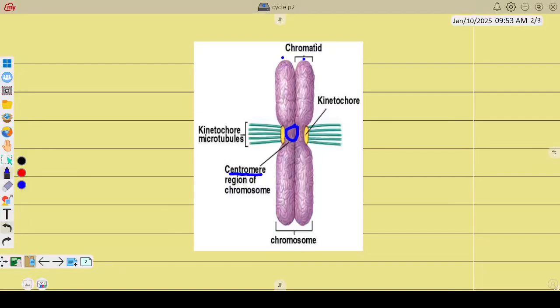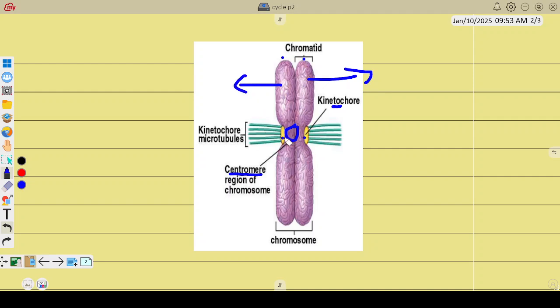The structures I wanted to explain are on these. So this yellow thing is the kinetochore, and the kinetochore has the microtubules. These are the ones which would separate the chromatids. You'll see the chromatids will be separated, they'll be pulled.